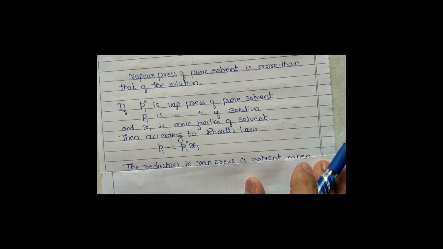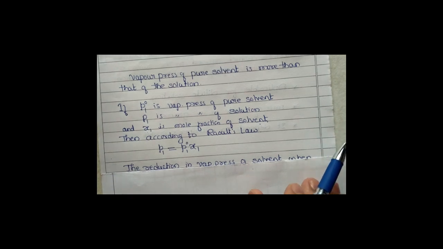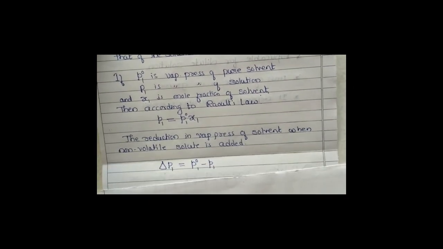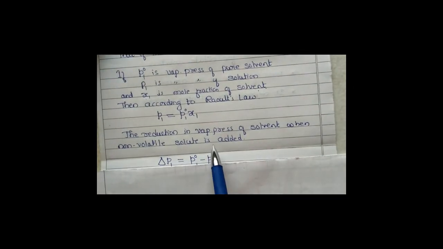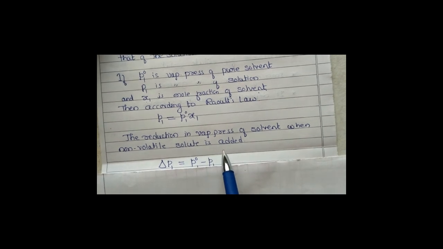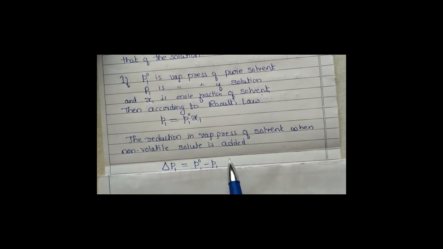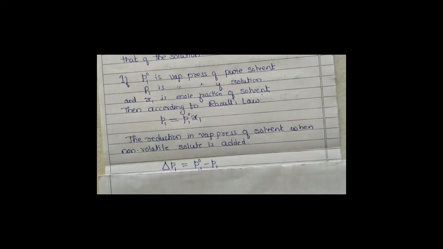So the vapor pressure decreased. It is the reduction in vapor pressure of the solvent when a non-volatile solute is added. How much it has decreased, we mention as delta. Delta P1 equal to P01, the pure solvent, which was higher earlier, minus P1.